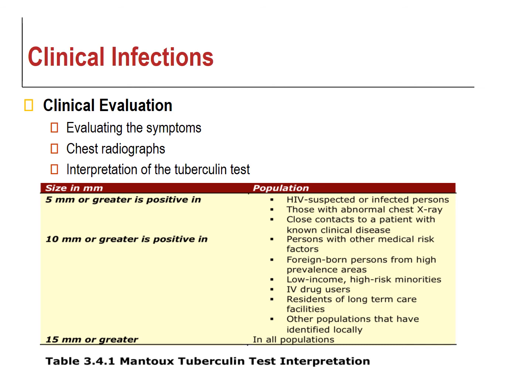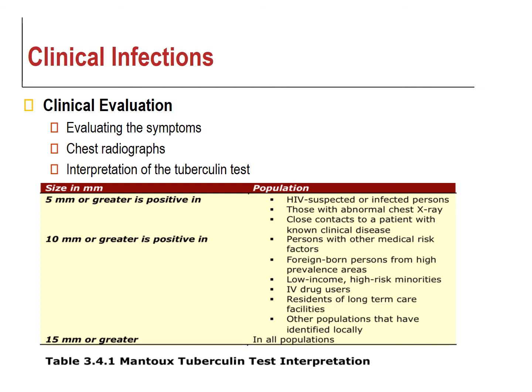Clinical evaluation consists of evaluating the symptoms that include blood-tinged sputum produced from cough of prolonged duration. This occurs when small blood vessels erode when necrotic material is discharged. Additional hallmarks of the disease include fever, night sweats, and weight loss.